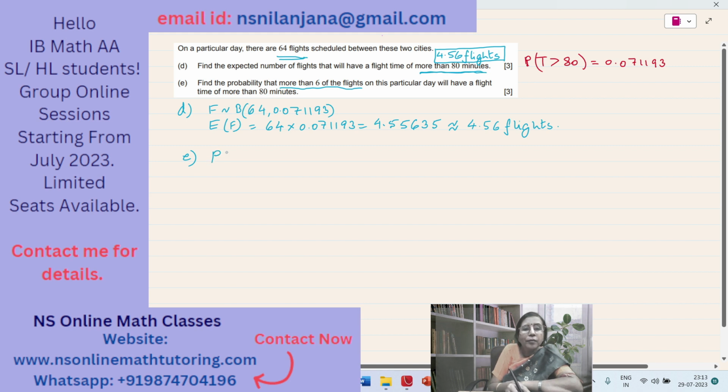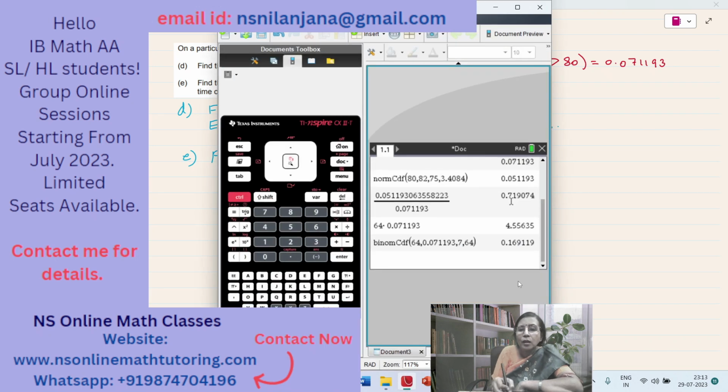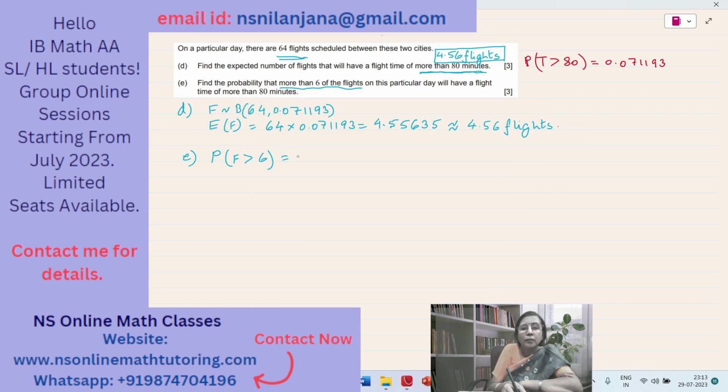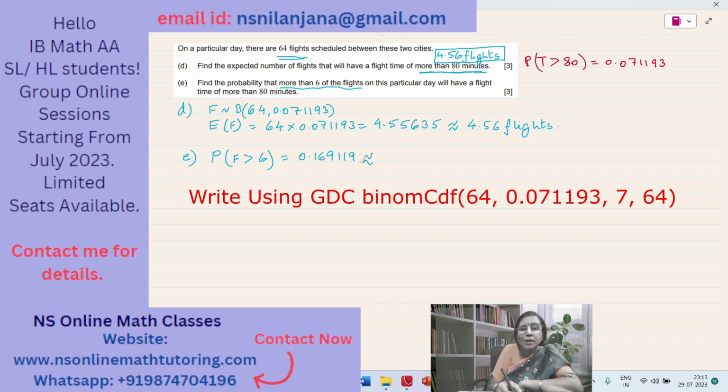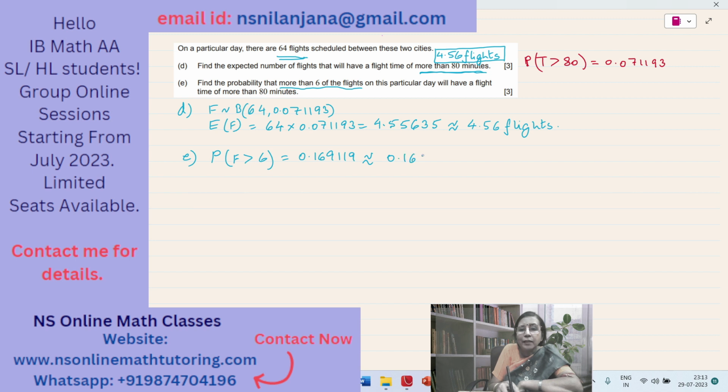So P of F greater than 6 is equal to 0.169119, which up to 3 significant figures will be equal to 0.169.